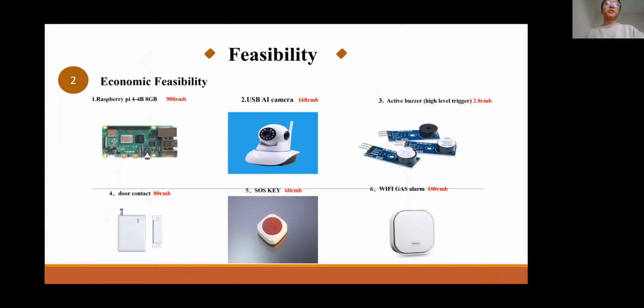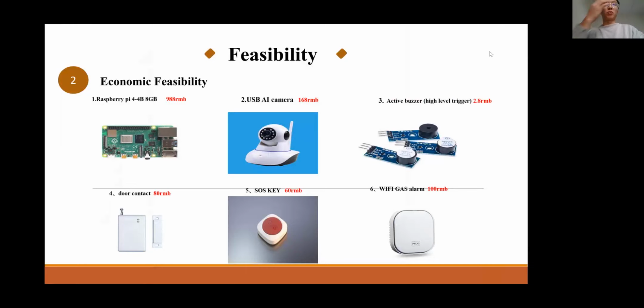And the second feasibility part is the economic. We will purchase 6 components. The first component is the Raspberry Pi 4B, which is 988 RMB. The second component is the USB AI camera, which will cost us 168 RMB. The third component is the active buzzer, which will cost us 2.8 RMB.